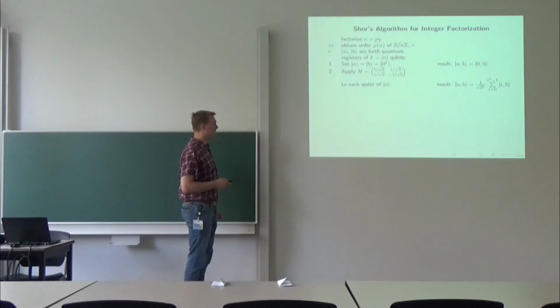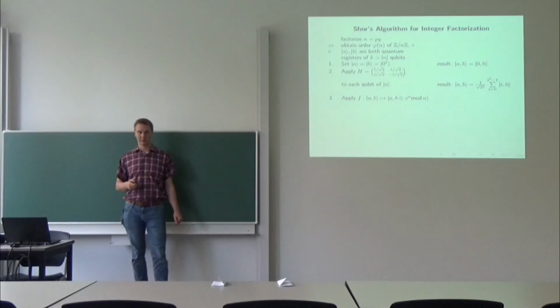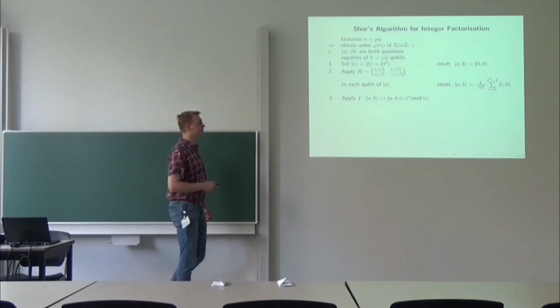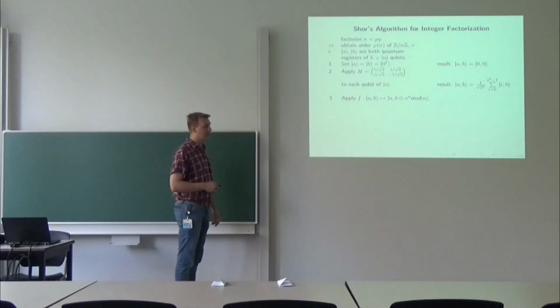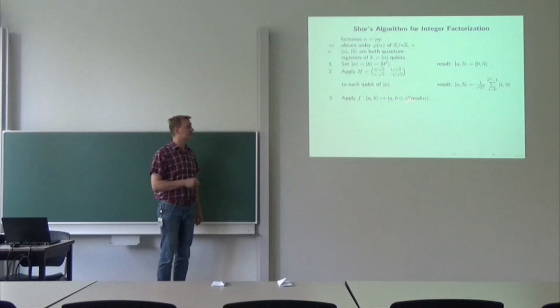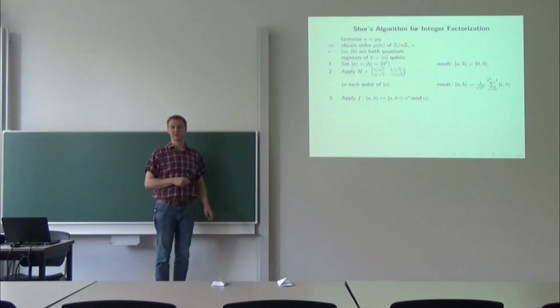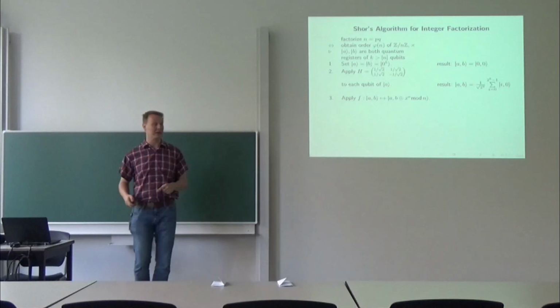All right, then in the next step, we're going to apply exponentiation. So we're going to choose a random x that's smaller than n. And then we're going to raise this x to the power a and XOR it into the second register. a is the value contained in the first register, which still contains the uniform superposition of all bit strings.